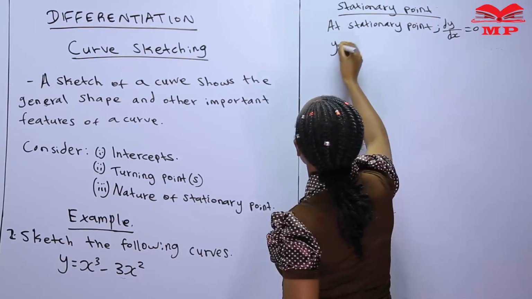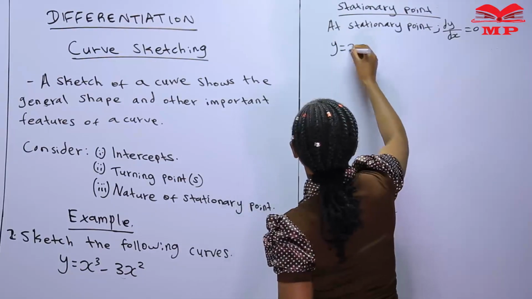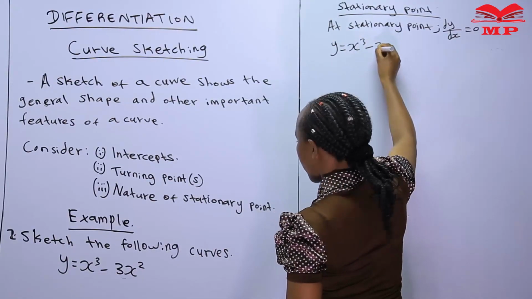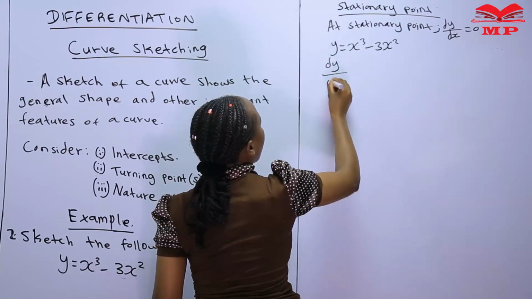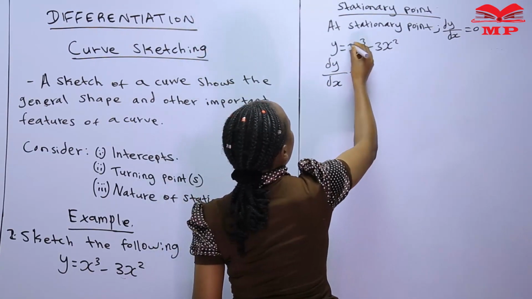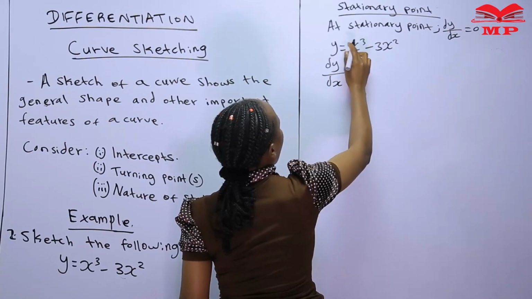So we have our equation y is equal to x cubed minus 3x squared. So our dy all over dx will be 3 times 1 here, which is the coefficient of x.